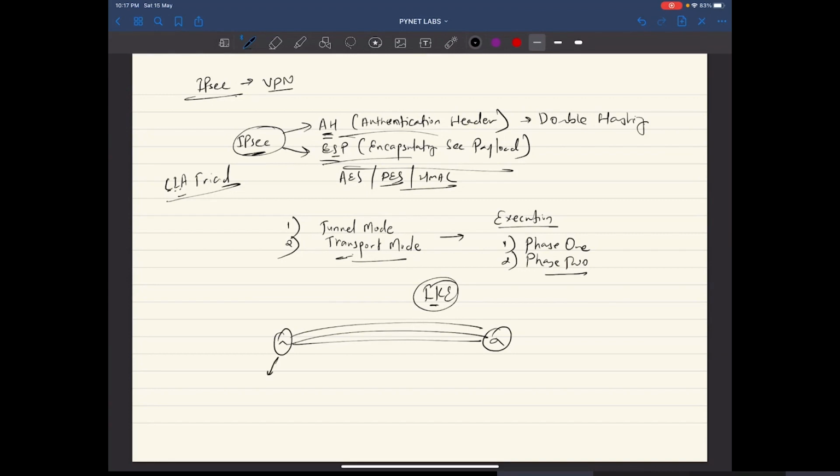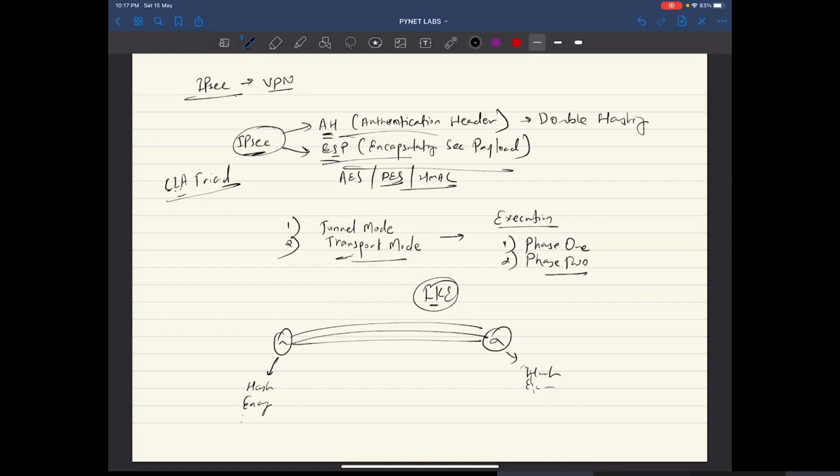When you do the IPsec configuration, you need to choose what hashing mechanism you're using, what encryption protocol you're using, and what other parameters you're using. Those same things also need to be configured on the other end: hashing, encryption, and all these things.